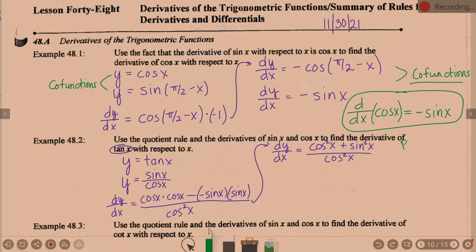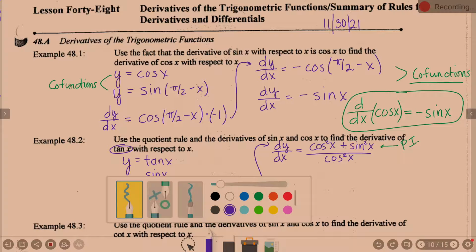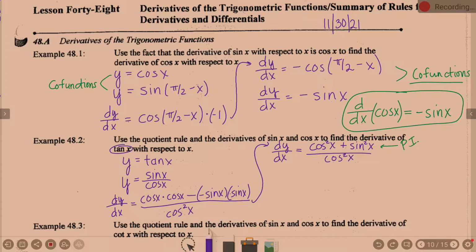Yep. So we go over cosine squared x. Cosine squared x plus sine squared x is 1. So we have 1 over cosine squared x. The reciprocal of cosine squared x is secant squared x.